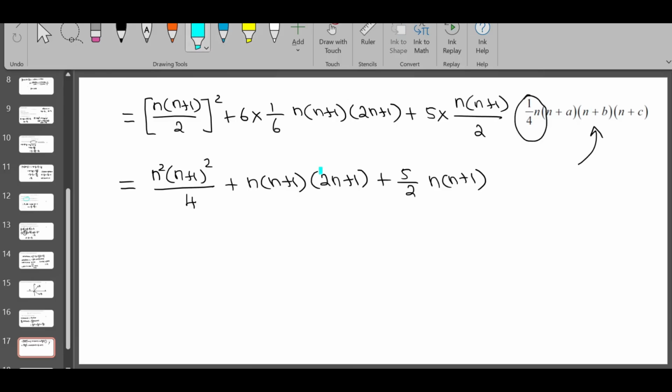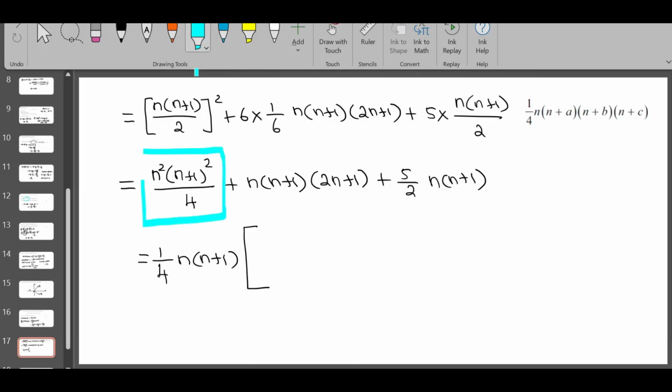But there is n plus 1 also a common factor in every single term. So I'm going to take carefully 1 over 4 n times n plus 1 as a common factor. You have to pay attention closely here. In this first term, if you take out 1 over 4 n times n plus 1, you will be left with n times n plus 1, right?